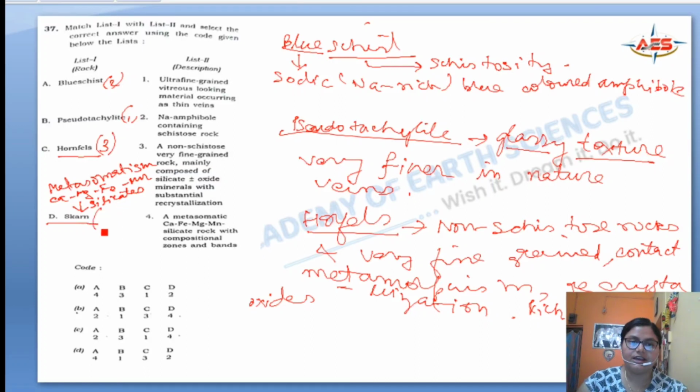C is 3 and the remaining D is 4. So the option is A2, B1, C3, D4, where option B is for 37. Option B is correct.